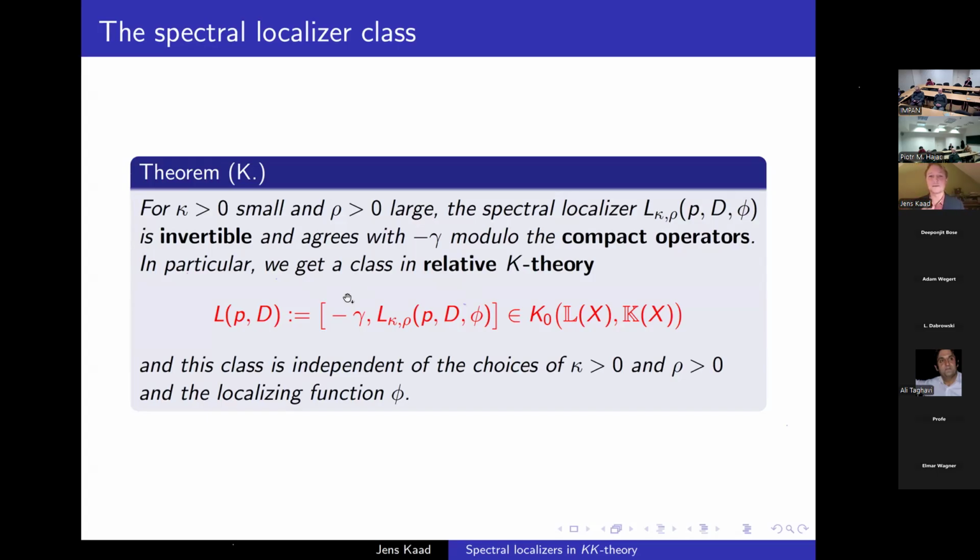And in fact, it can be verified that this class in K-theory is independent of the choices that you made. It doesn't depend on kappa, doesn't depend on rho, and it doesn't depend on my choice of localizing function, little phi. So it only depends on the projection P and my unbounded Kasparov module that I started out with. So this is the spectral localizer class.